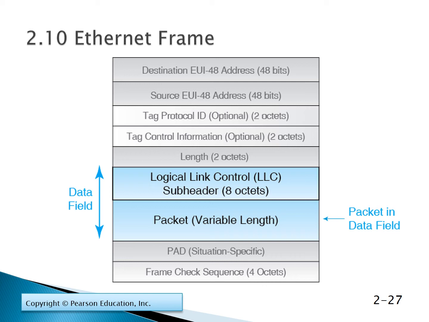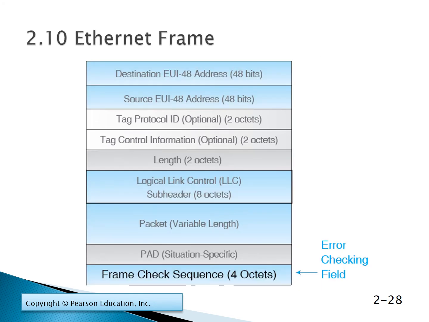So that's the actual data. After the data part, there is the frame check sequence. This one is actually the trailer of the Ethernet frame. The frame check sequence is a checksum to make sure that the message received by the receiver is correct, so it has not been changed. Usually there is a calculation that can be computed by the sender and also by the receiver based on the data, or based on the whole frame.